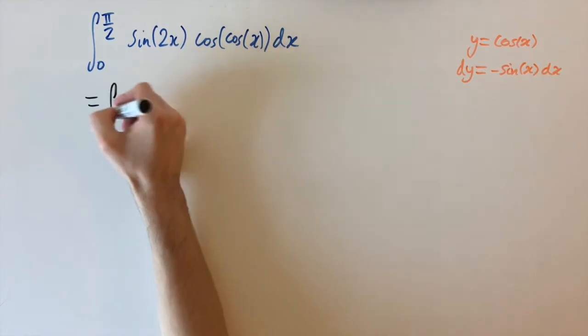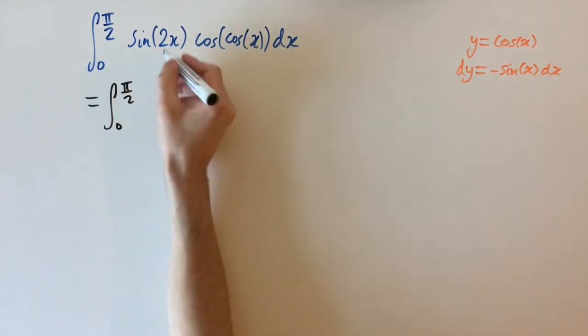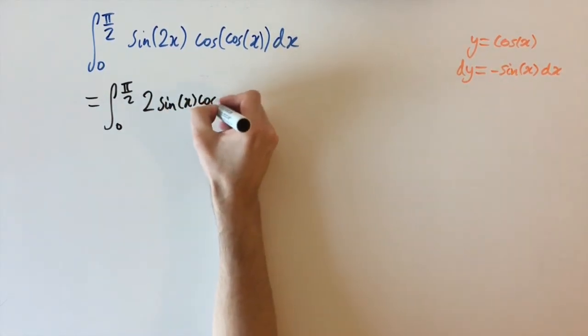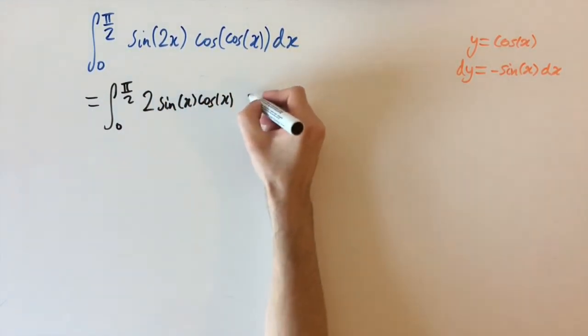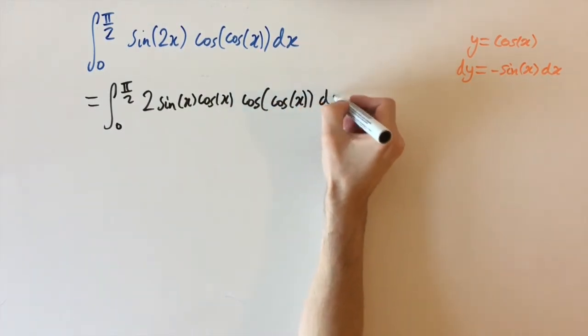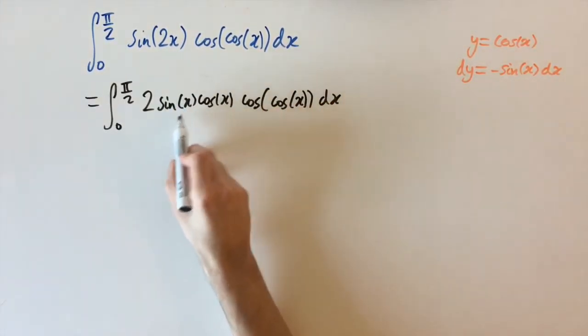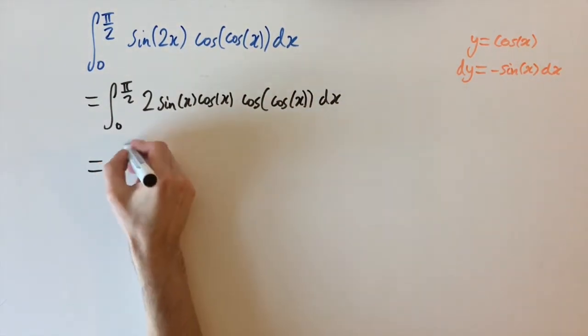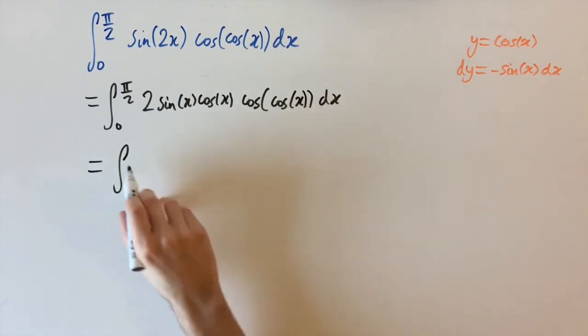This is the integral between 0 and pi over 2. This term is the same as 2 times sine of x cosine of x, and then we just leave the second term the same, cos of x dx. And now we have our sine of x to use in our substitution. So this is equal to the integral. Now we have to change the limits, but we'll do that in a second.